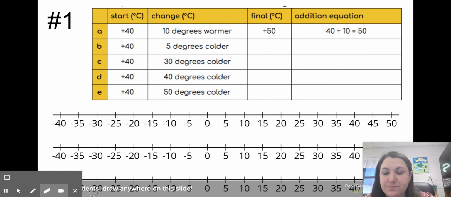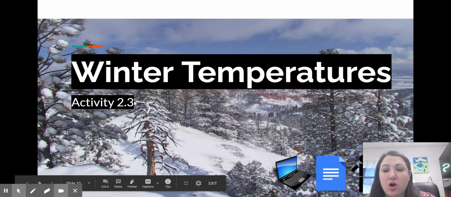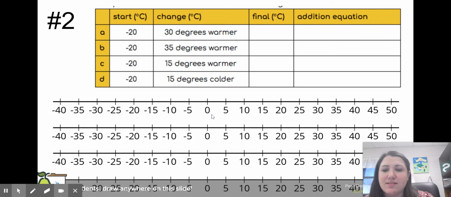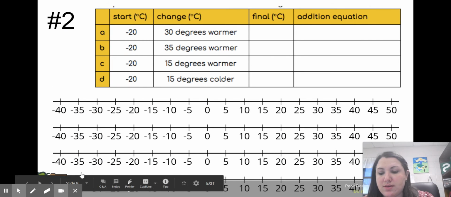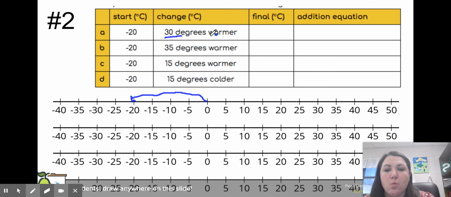That's part 1. Part 2 runs a little bit different in that you're going to be starting with a negative number and doing the same idea. So with this one, it started at negative 20. So we're going to go backwards to negative 20. And then it got 30 degrees warmer.